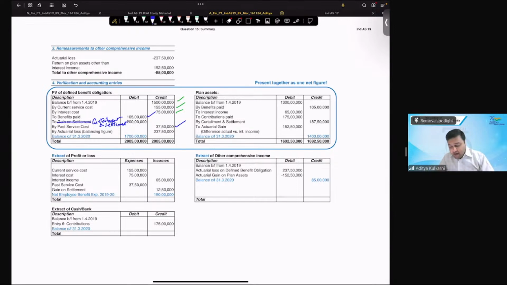Okay. So as part of curtailment and settlement, I am paying them some amount. The impact of that payment is reducing my fair value by 2 crore rupees. Is it okay? So therefore, I have reduced the fair value of my obligation by 2 crores. Any doubt so far? No, sir. You are thinking, sir, but payment 1.875 crores हो रहा है.